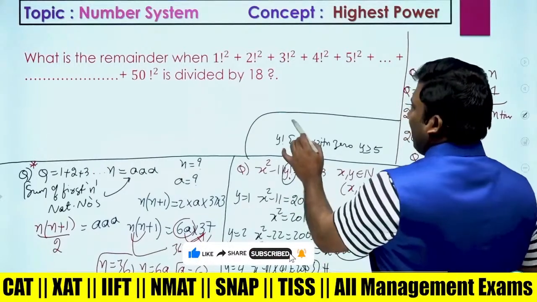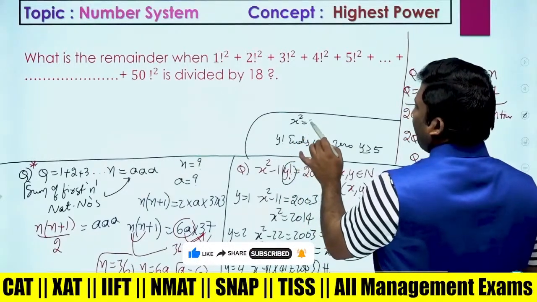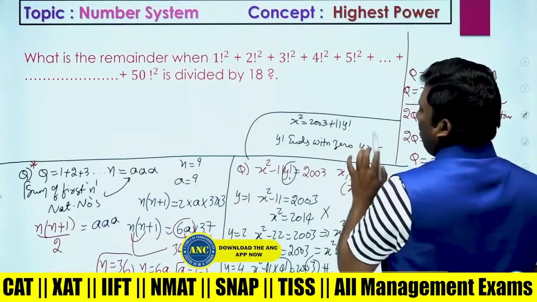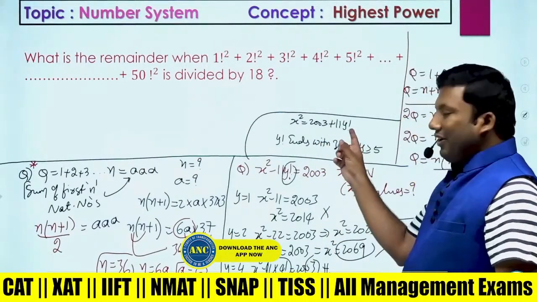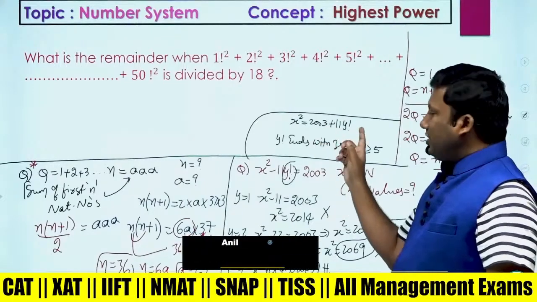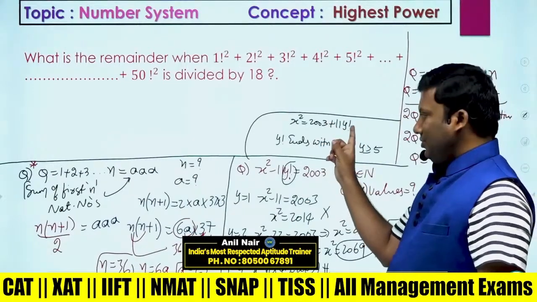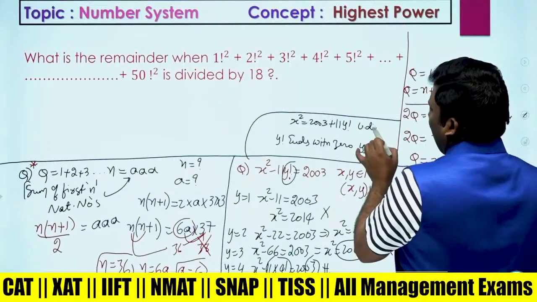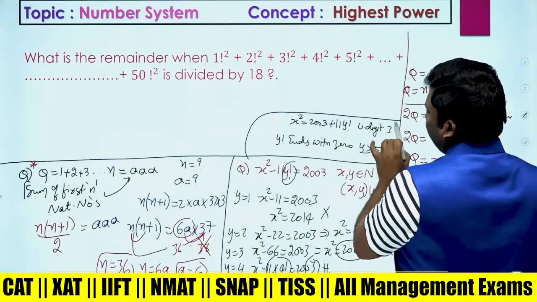That means x square equals 2003 plus 11 y factorial. 5 factorial gives 0, 0 plus 3, 3. 6 factorial, 0 plus 3, 3. All these numbers will have unit digit 3.